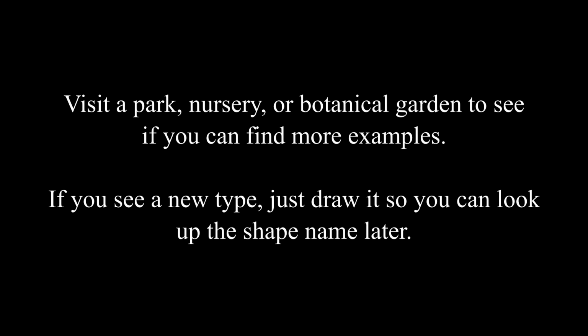If you see a new type, just draw it so you can look up the shape name later. Because there are so many kinds of flowers, it's very likely that you'll find a flower that doesn't seem to have the shape of one of the ones you've already identified. So you can just write that down and then look it up.